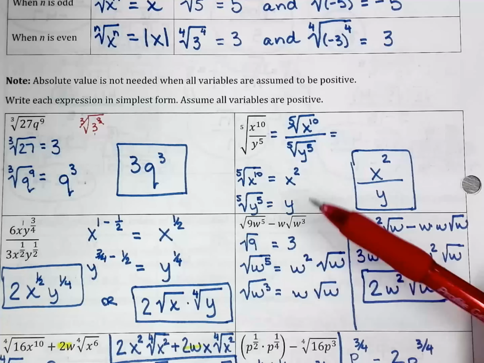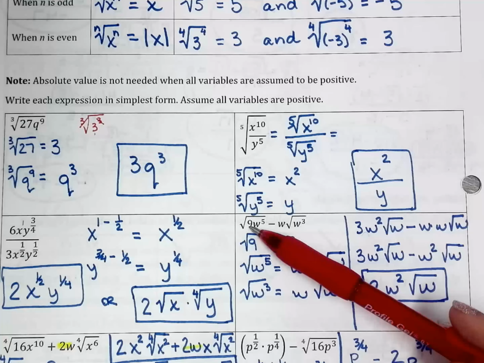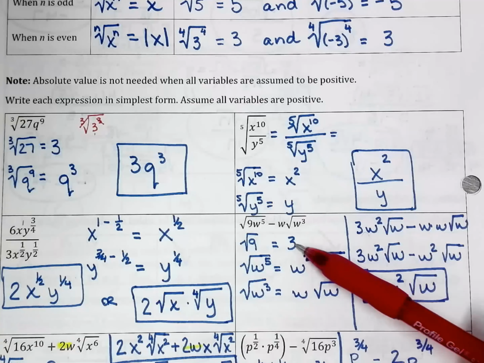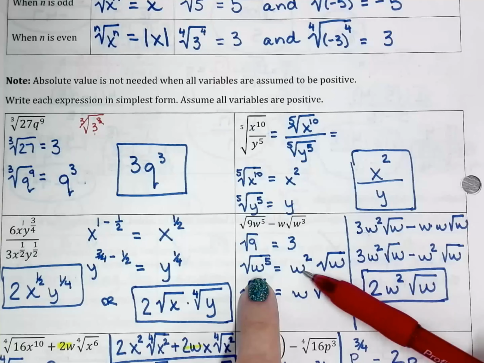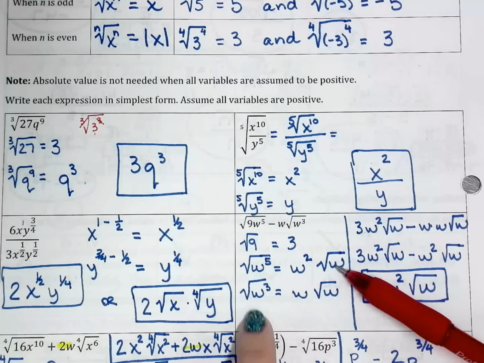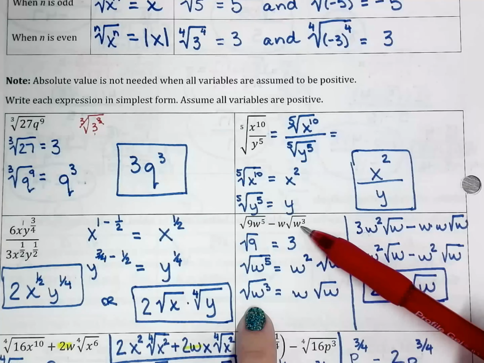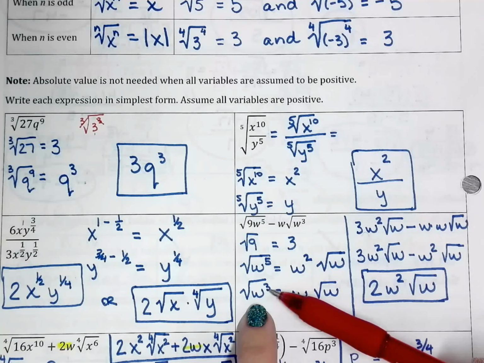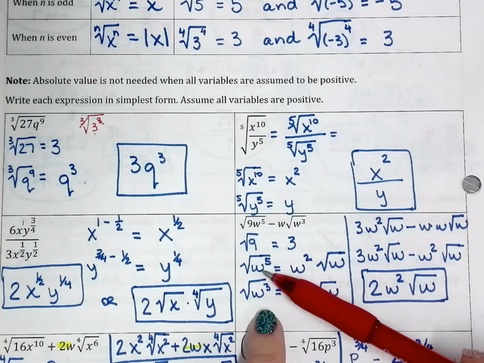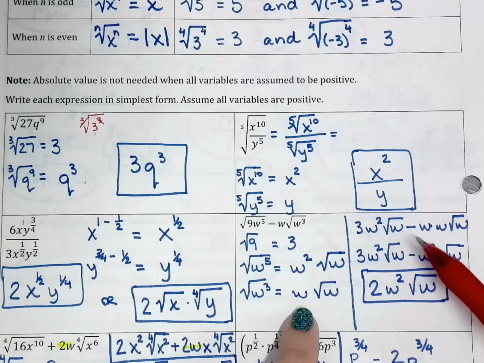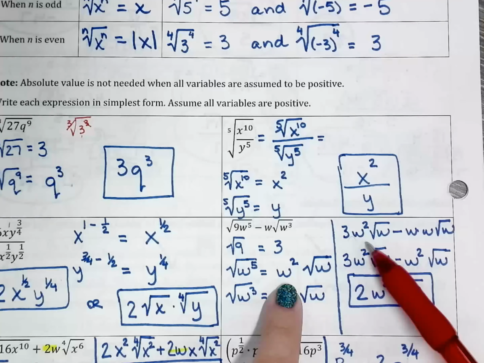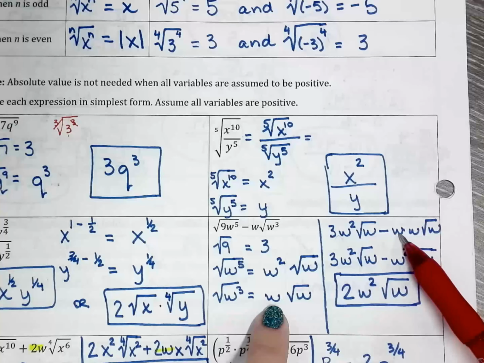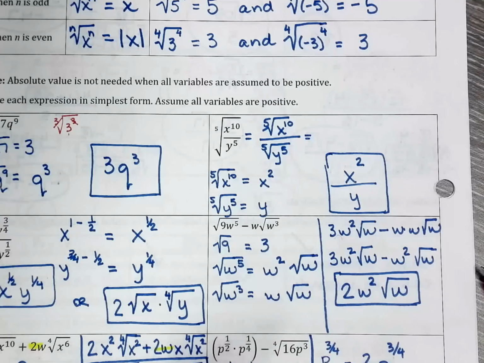The next one, I simplified this. The square root of 9 is just 3. The square root of w to the 5th power, I had to simplify that. And then the other one I had to simplify separately was the square root of w cubed. I simplified that, and then this belongs together, and this w is this w right here.